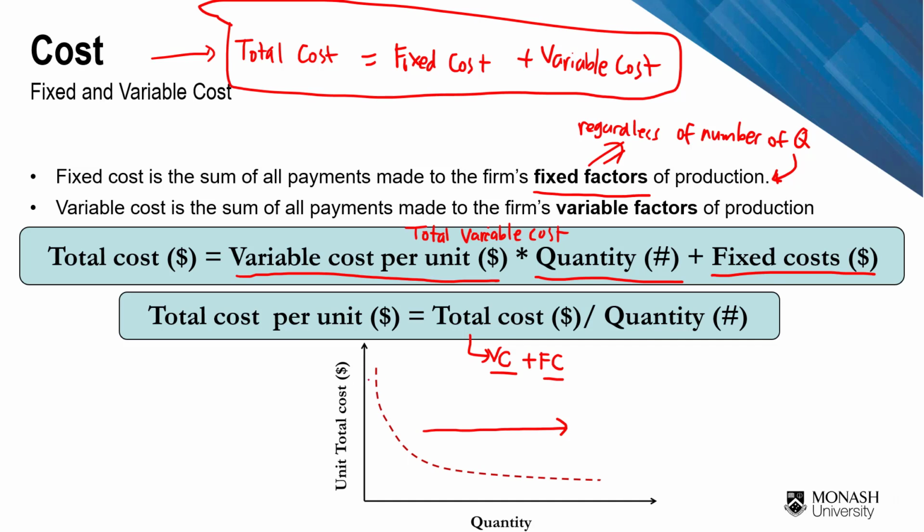So more quantity helps you to cover variable costs and some of the fixed costs. That's why it becomes like that.